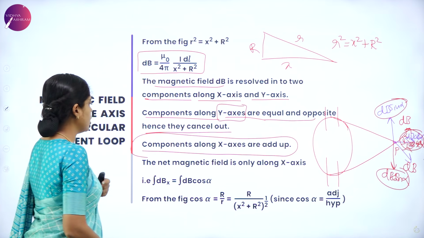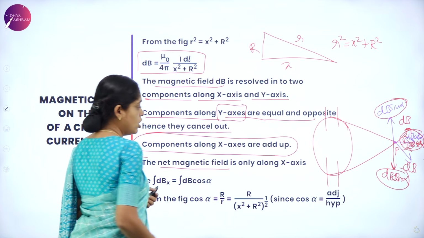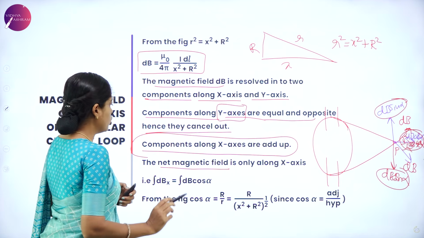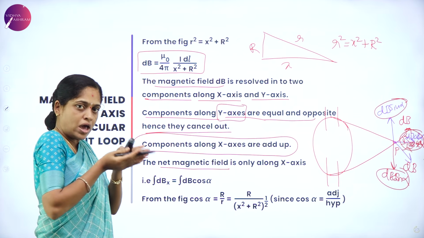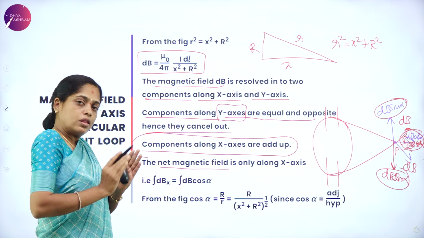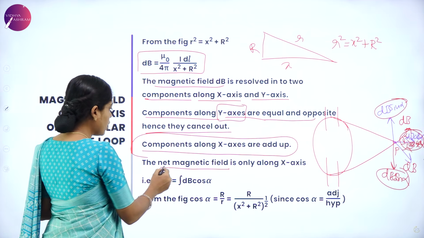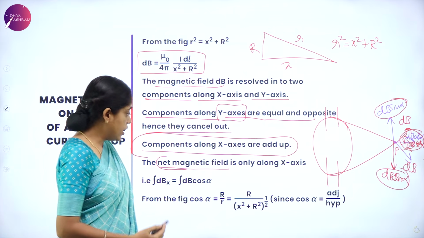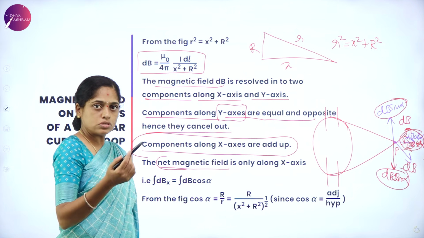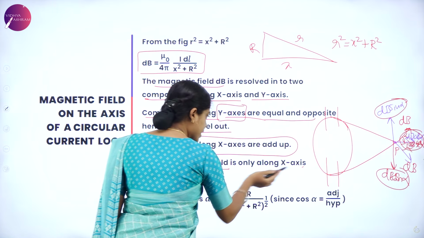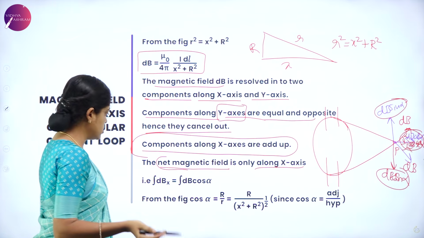The total magnetic field is due to the circular current carrying loop, not due to the current element. First we considered the current element, then we are considering the circular loop. Therefore, the net magnetic field due to the circular loop is only along the x-axis, as the y components cancel out.